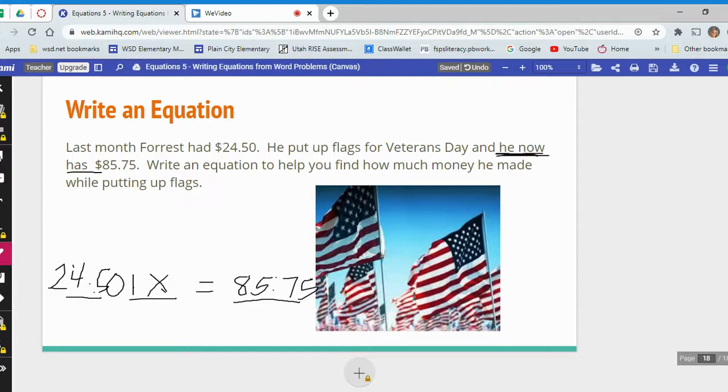Well, we're going to combine those. We're going to add those. So our equation is 24.50 that he had last month plus the money he made gives him a total now of $85.75.